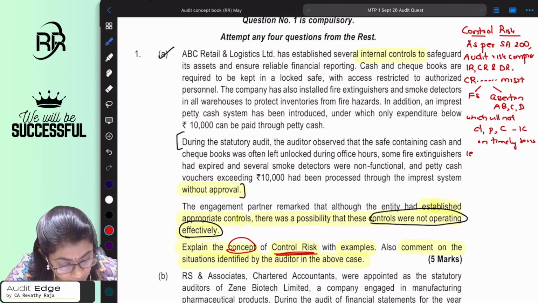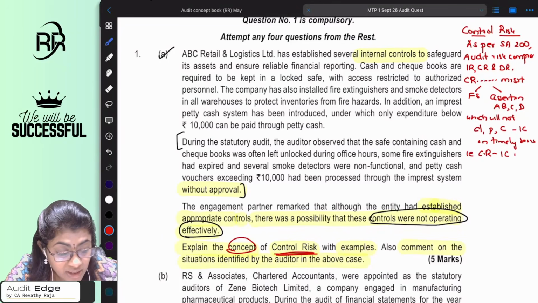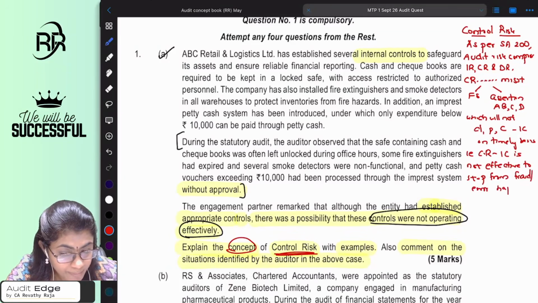That is, control risk is the risk that internal control is not effective to stop from the fraud or errors happening. That is, material misstatement individually or in aggregate.